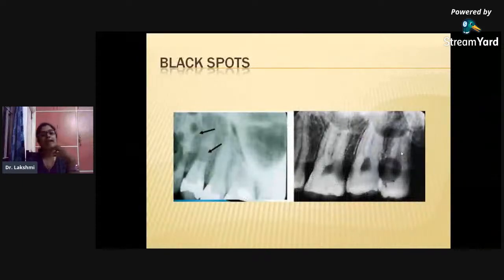Okay, so black spots. What are black spots? When the film is exposed and then you open and dip it into the developer. Prior to that, if there is a developer contamination, okay, some drops of the developer form on the film, they appear as these black spots over here. Okay, these are the developer spots.